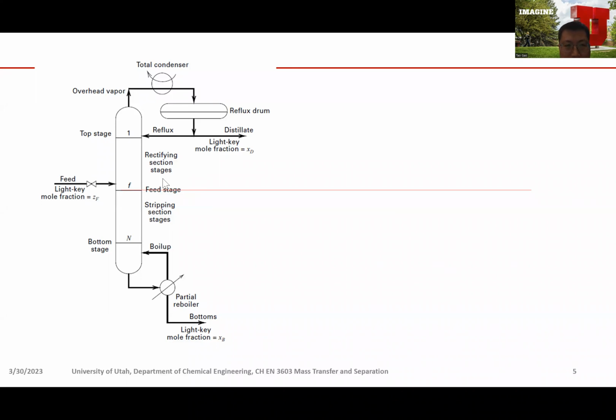Above the feed stage, we have a rectifying section that functions like an absorption tower, in which the liquid stream coming down will absorb the heavy key from the upcoming vapor phase. Below the feed stage is a stripping section, in which the upcoming vapor will strip the light key component from the downcoming liquid. Okay?